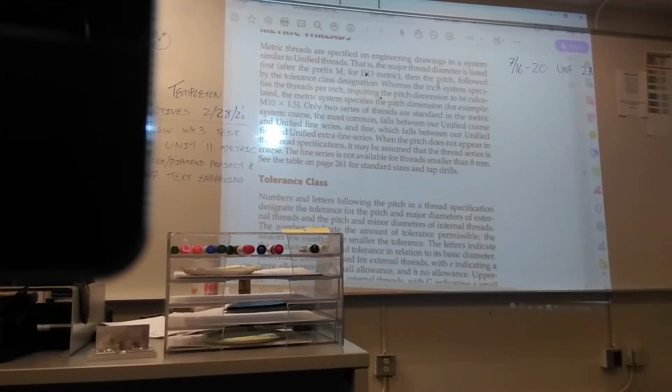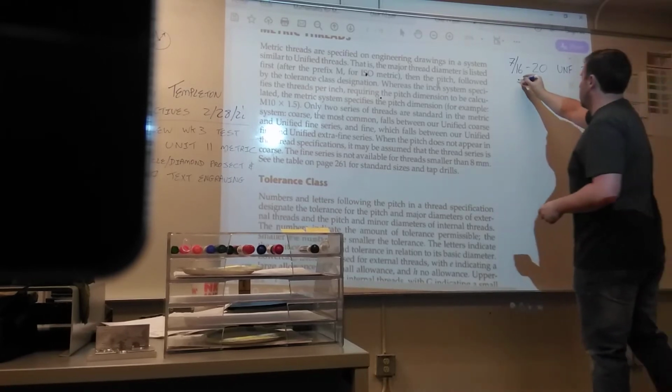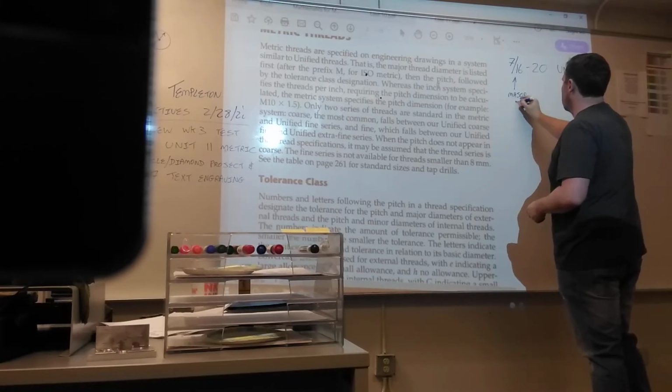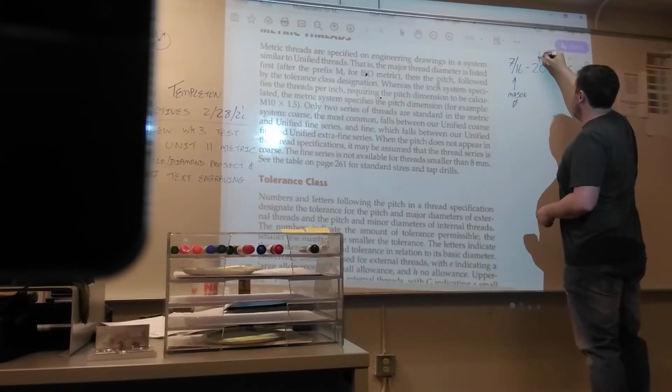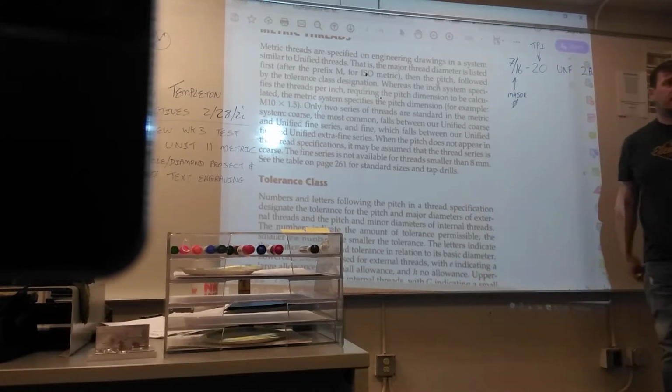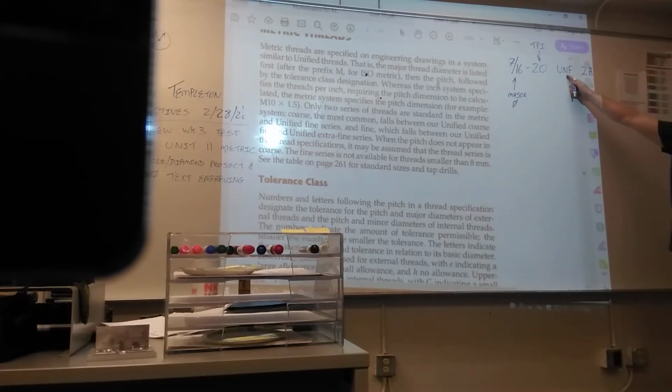So what does the 7/16 represent? The major diameter. The 20, threads per inch. The UN? It's the class of fit. No, not the class of fit.